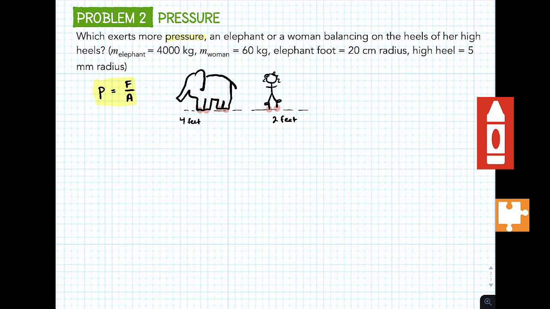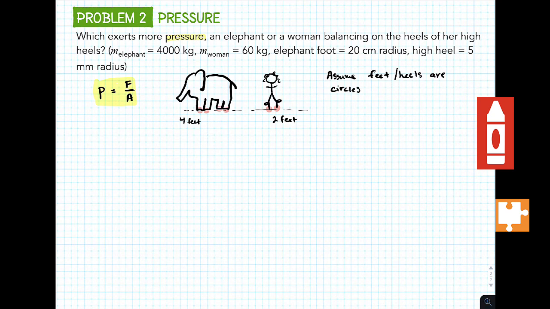So we know the mass of both the elephant and the woman, and we know the radius of the feet, and we're just going to assume for the sake of this problem that the feet and heels are circles.